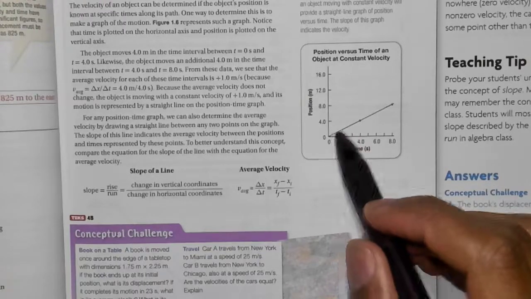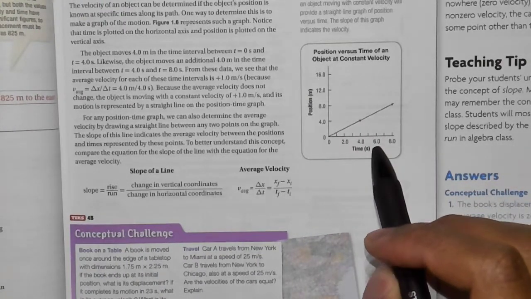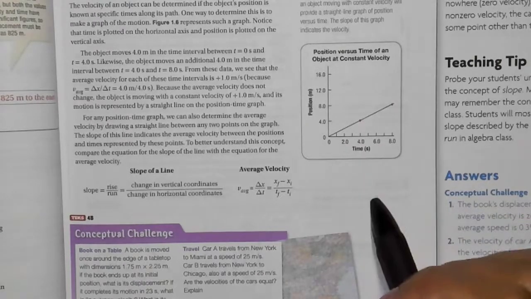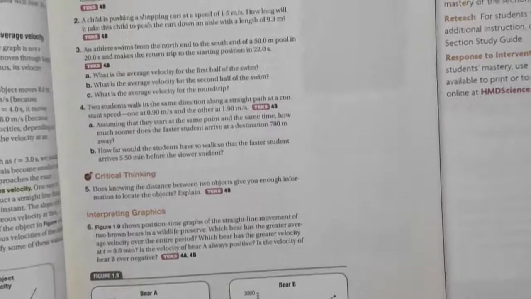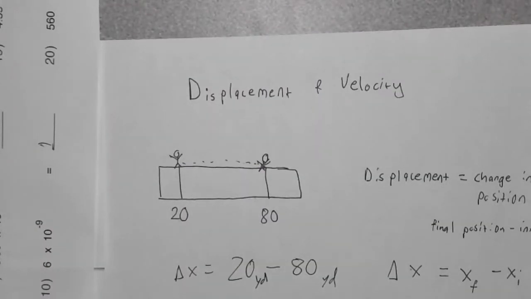So this is an object at a constant velocity of 1 meter per second. And we were able to tell that just by looking at the slope. That about sums it up for displacement and velocity.